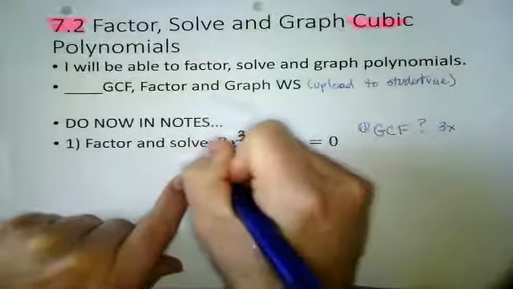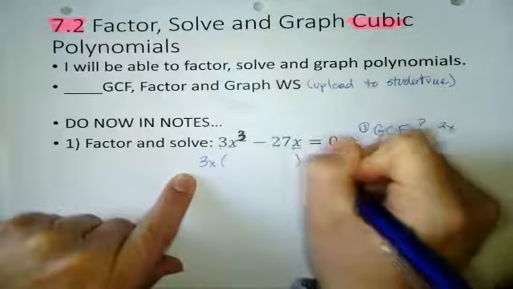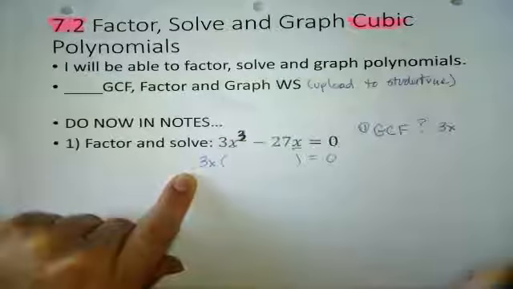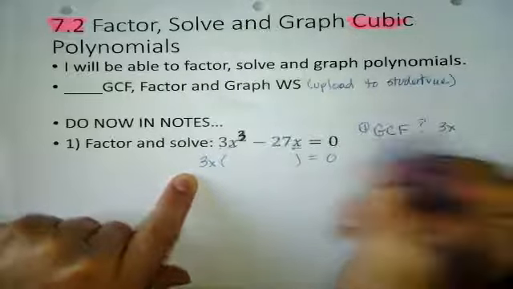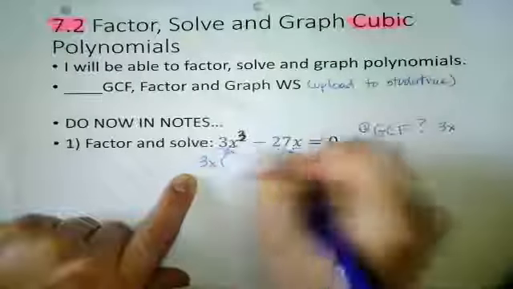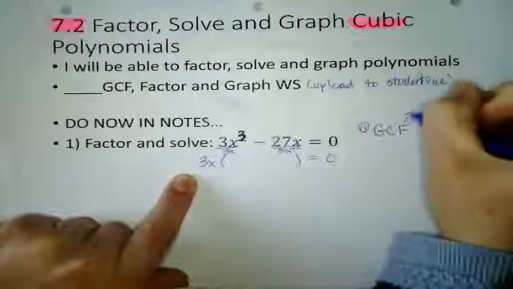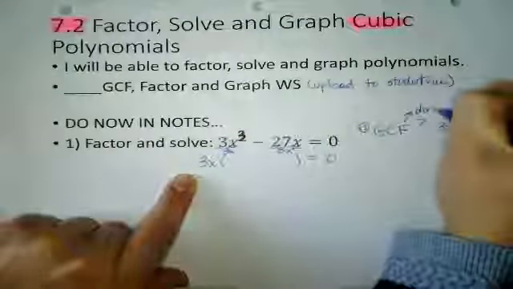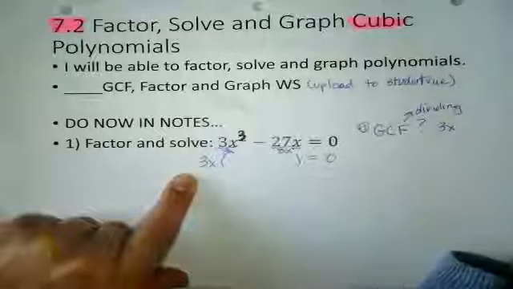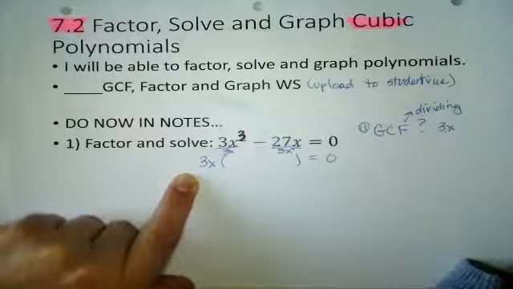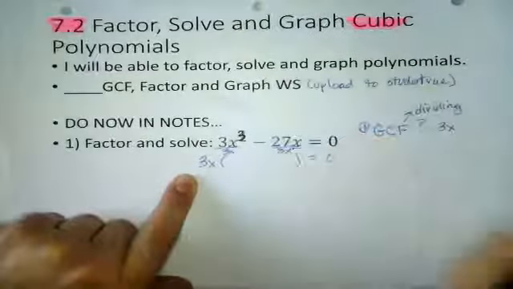So I'm going to take out a 3x. And when I take out that 3x, I want to ask myself, well, what's left behind? Well, we're technically dividing each term by 3x, because factoring actually means dividing to find the factors, all right? Meaning what things multiply to give us the result.